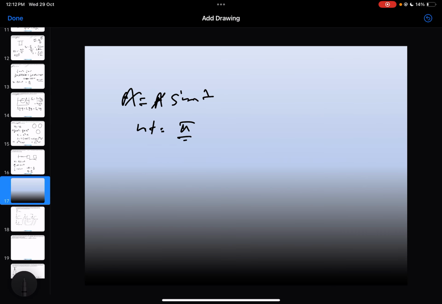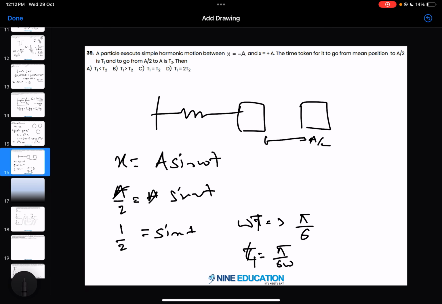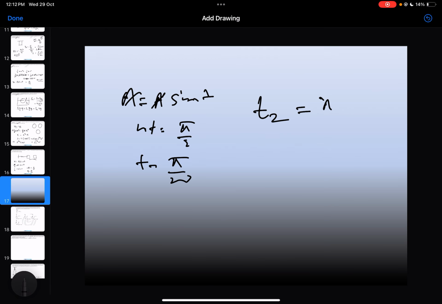Omega t will be pi by 2, t will be pi by 2 omega. So t2 is, time taken to reach a by 2 is pi by 6 omega. So time taken to go from mean to a minus time taken to go from mean to a by 2 will give you t2. So pi by 2 omega minus pi by 6 omega.